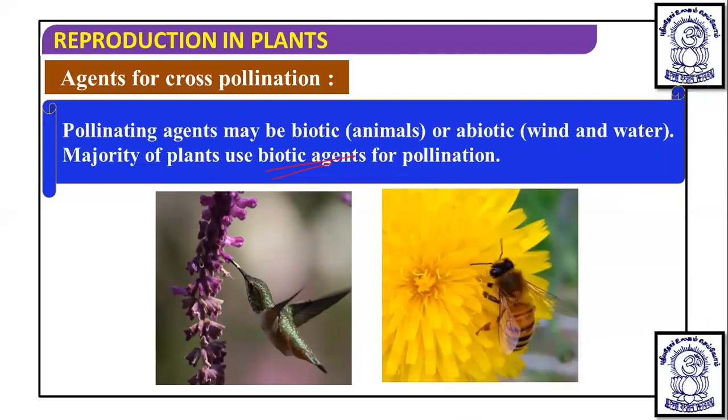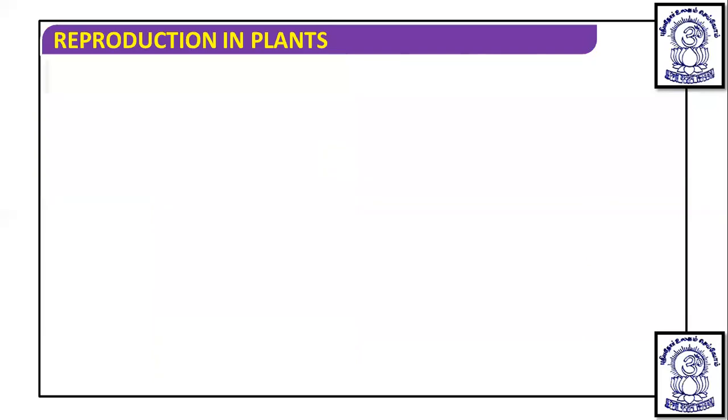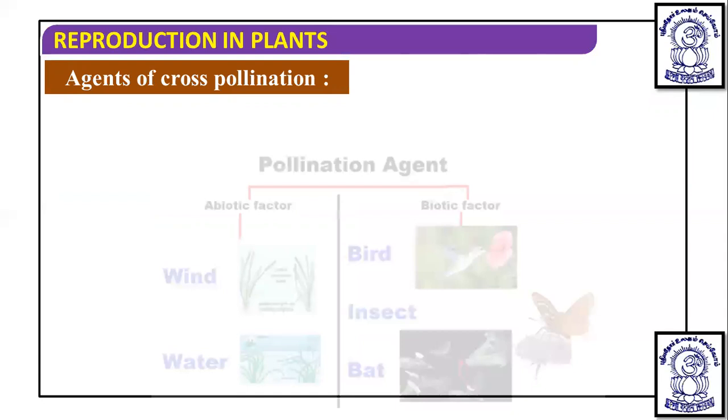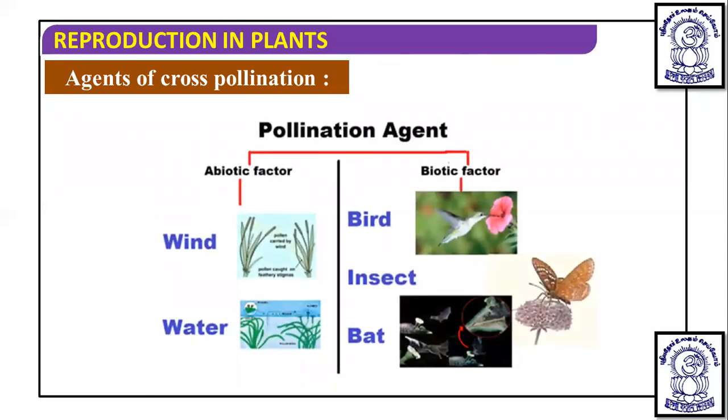In the same way, insects are also present on the flowers, so their antennae or legs will capture the pollen grain and it will be given to another flower. If you talk about agents of cross-pollination in detail, you will find many different types of pollinating agents. The abiotic agents are wind and water, and the biotic agents are birds, insects, and bats. Several other biotic agents are also there.